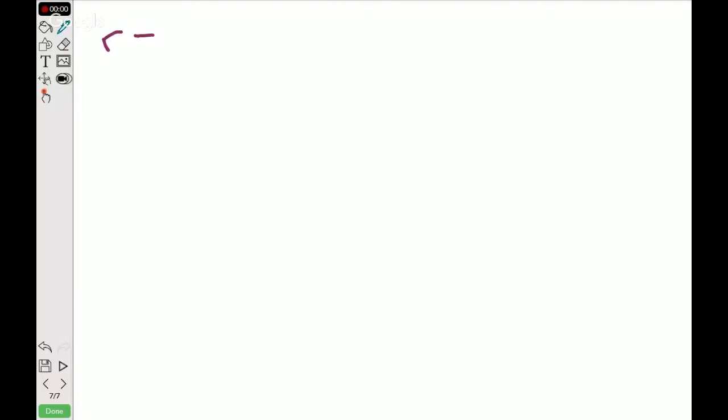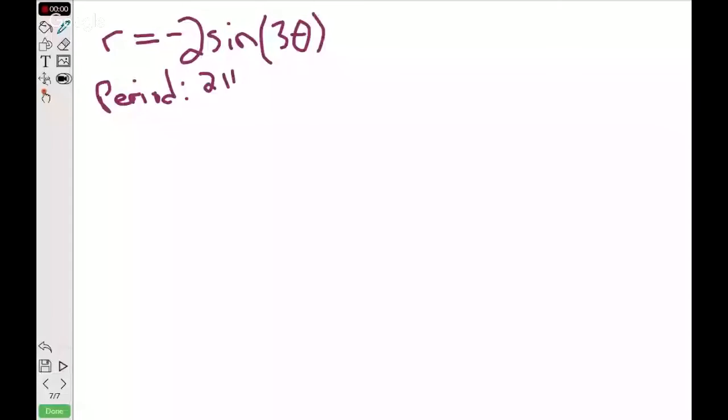So let's say that this was, let's use the same thing, but maybe a negative, and let's make it a sine. And we'll have a 3 theta. Okay, so the question that person was asking is, you'd have a period of 2 pi over 3, right? Where this 3 is coming from this 3, right? 2 pi over the number next to theta.